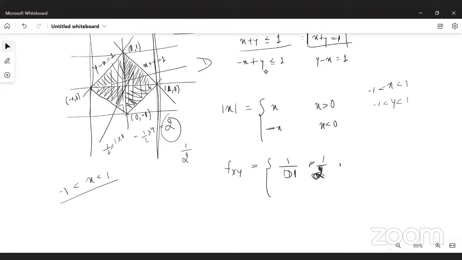The white space is included. That's why option 1 becomes false, because the four triangles outside the area of D are also included in option 1.